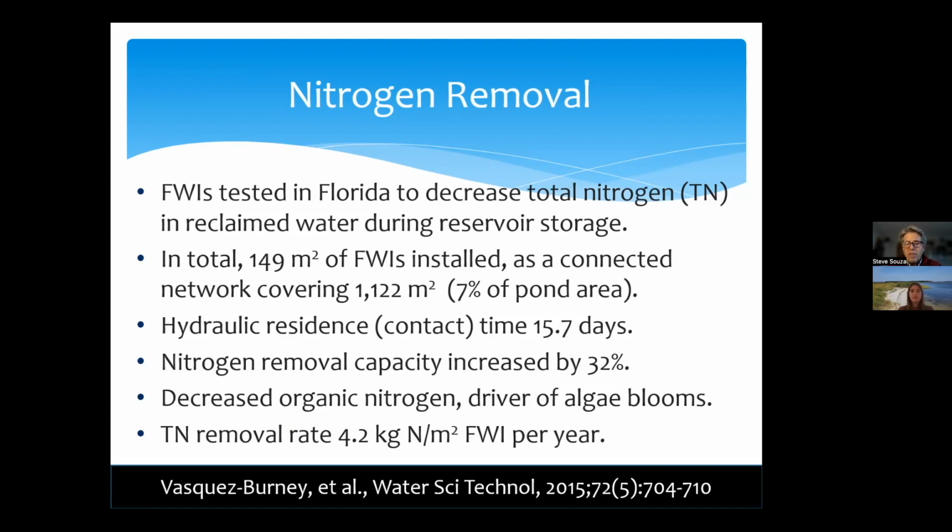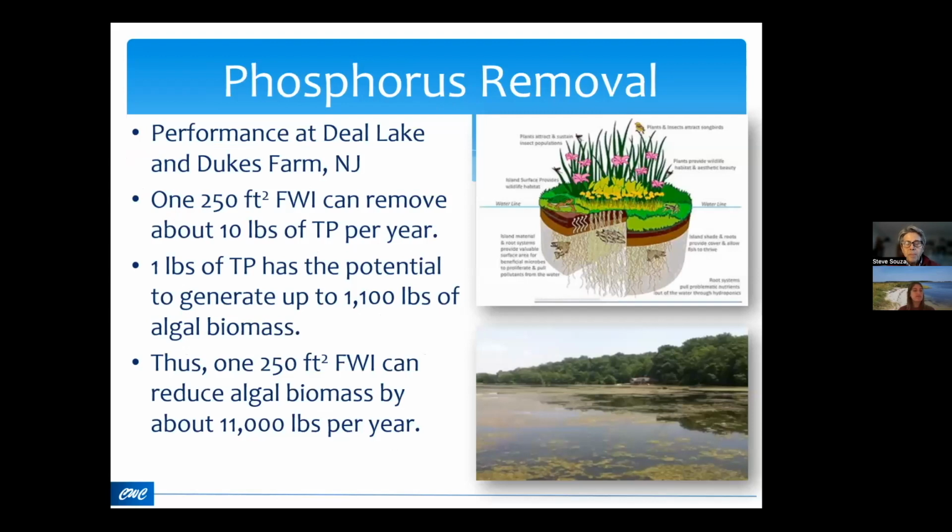Now, that may not sound like a lot when you're talking about roughly 10 pounds of nitrogen per year, but that probably could be enough to really reduce the amount of algae by that one particular floating island by as much as around 1,000 to maybe even 2,000 pounds of algae. So it's a pretty significant way of decreasing nutrients, and that has a beneficial positive impact on water quality. Same thing holds true for phosphorus removal.